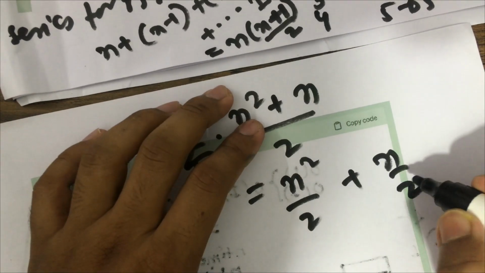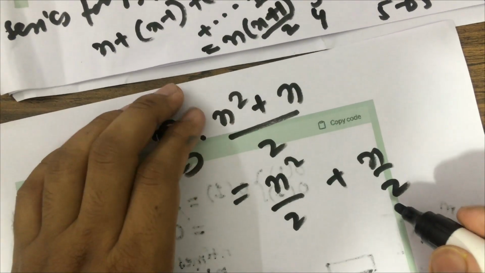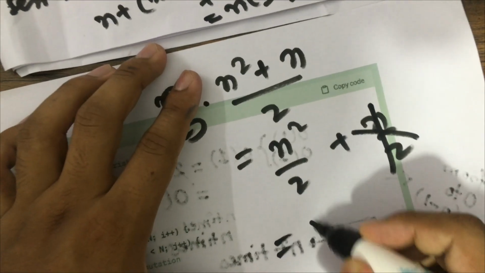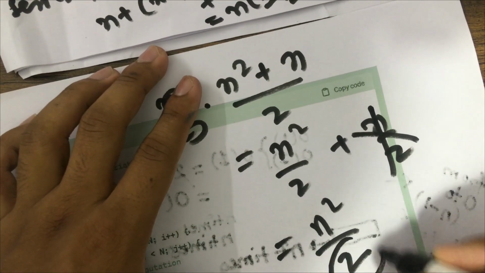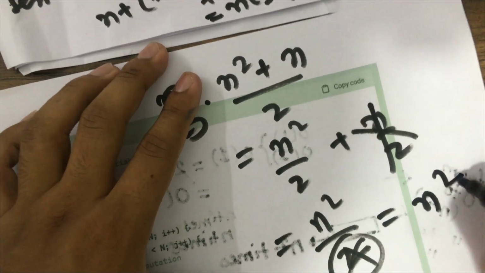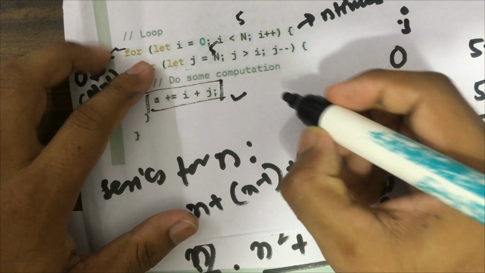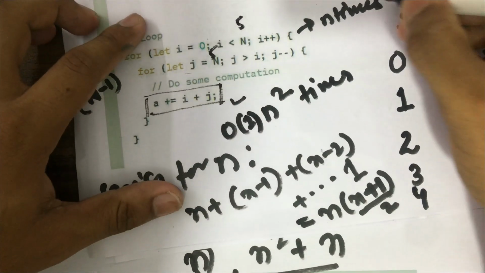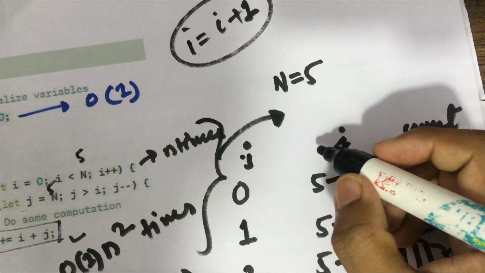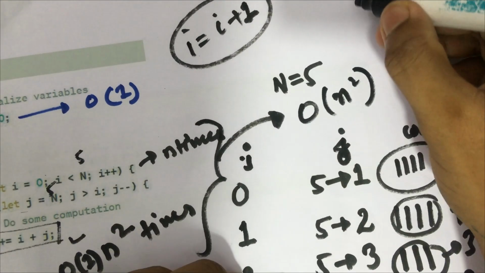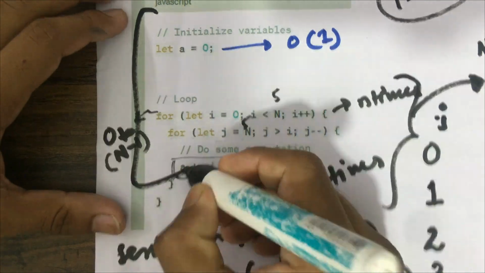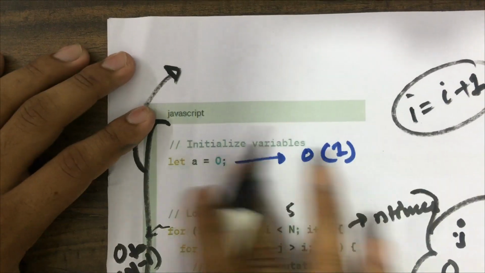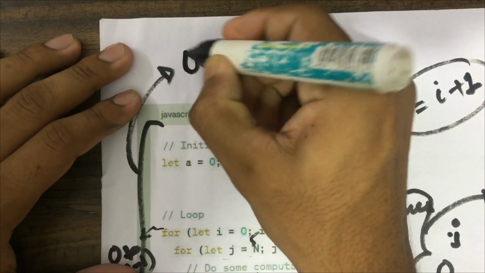We ignore the non-dominating term, and furthermore we remove the constant, so we'll be left with n square. So we found how many times this will execute: n square times, Big O of 1 n square times. Therefore overall Big O becomes O of n square, right? And for this entire loop, since this has no contribution at all to the Big O, it is simply O of n square.